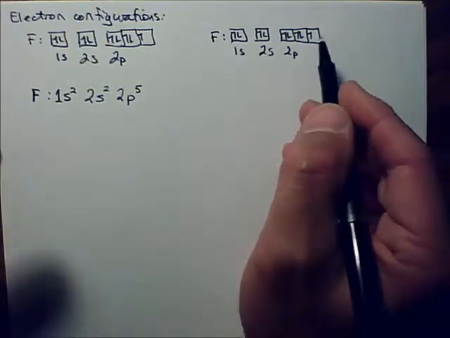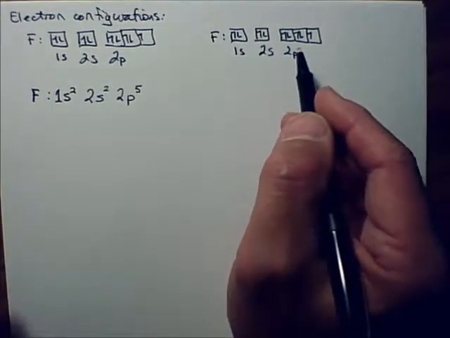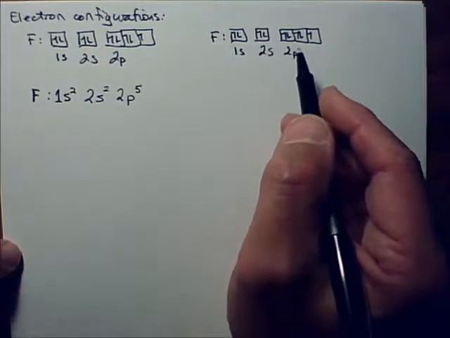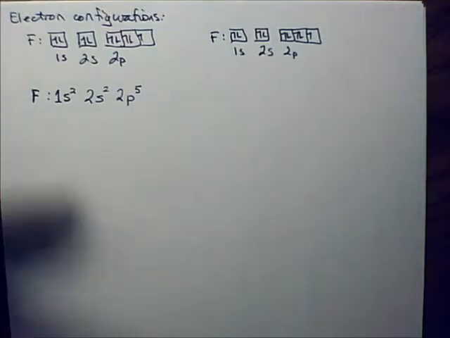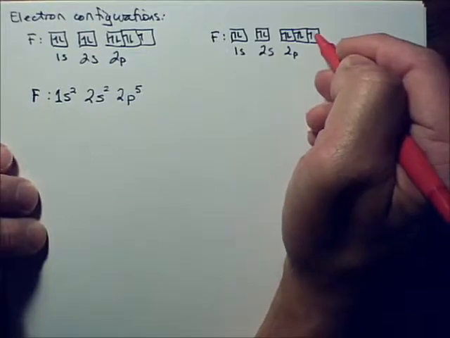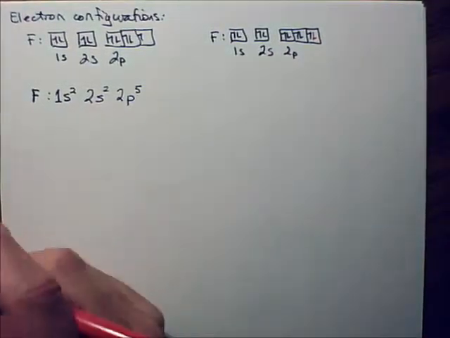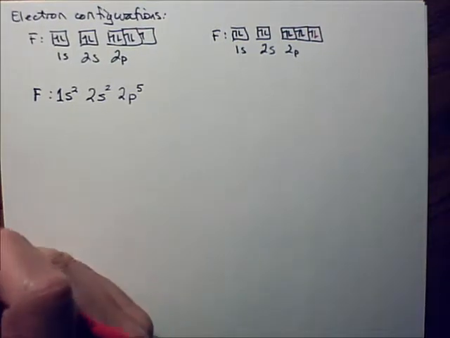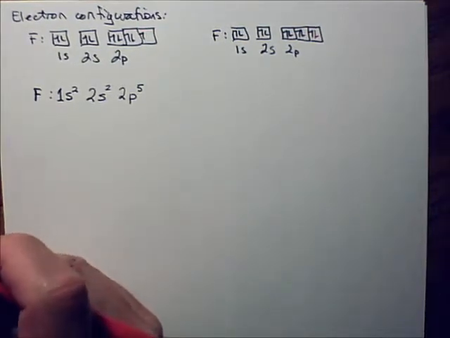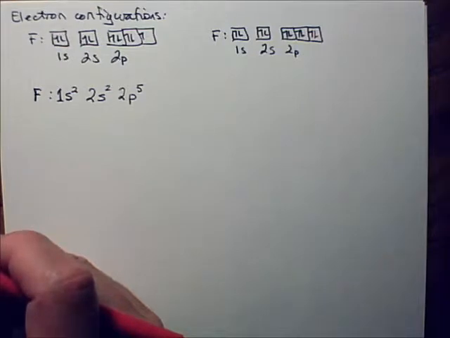Now that creates in itself a kind of instability we'll talk about resolving later. Okay? But if I put an extra electron in there, that's not a fluorine atom anymore. I have one more electron than the protons in the nucleus.